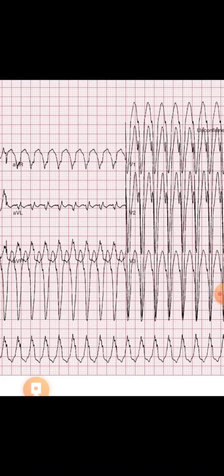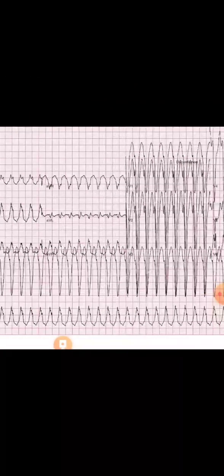However, there can be some differences between two ECGs of the same variety, but mostly I'm discussing what happens in most of the cases.